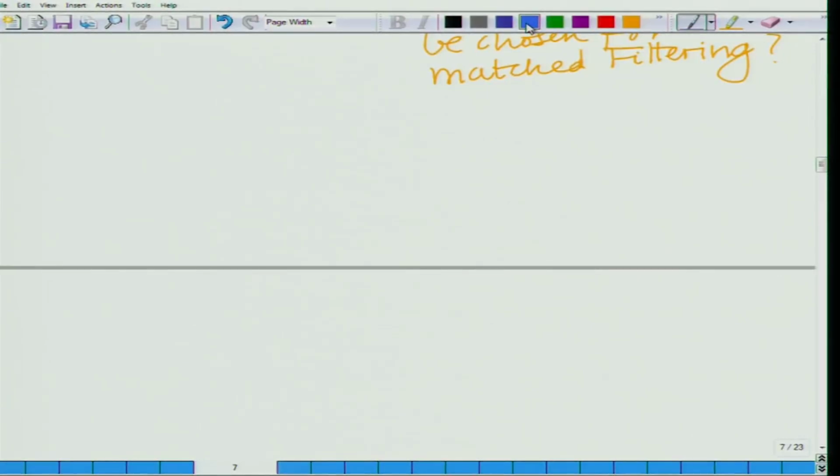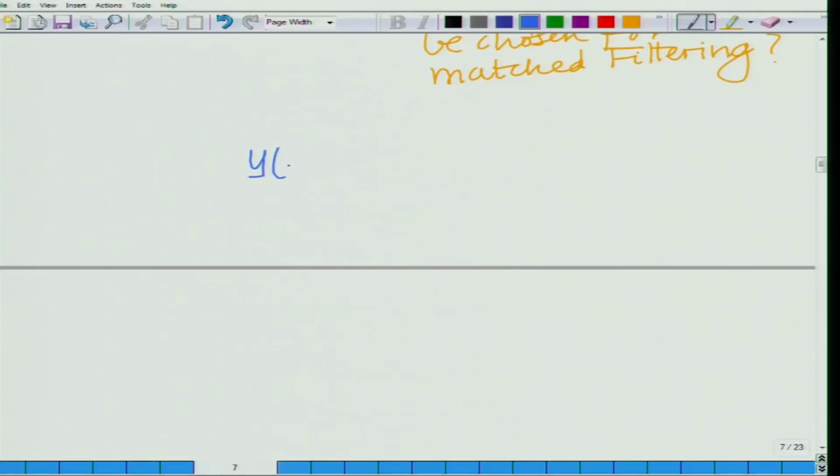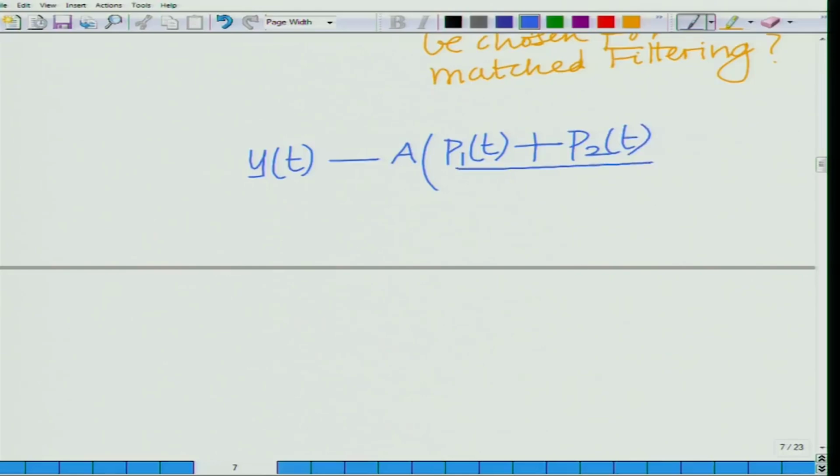So, let us try to address it in a different way. What we will do is modify this received signal Y(t) a little and try to see if we can derive from it what the optimal matched filter should be. Okay. So, for that, from Y(t) I am going to subtract A times (P1(t) plus P2(t)) divided by 2.